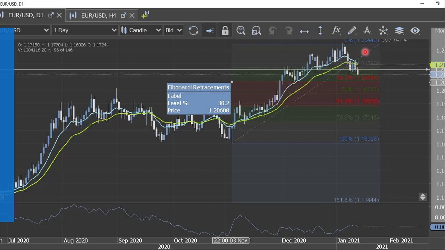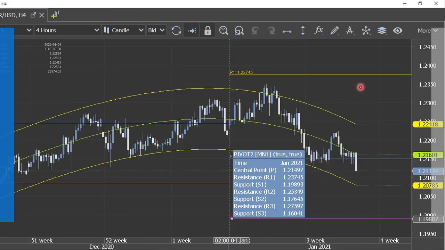But now the Euro USD has entered correction territory, and in the near term, it looks like this downturn might push the Euro USD further towards this 38.2% Fibonacci retracement, which is around 1.206, and that should be our near term target if we are looking for fresh trading opportunities in the Euro USD.